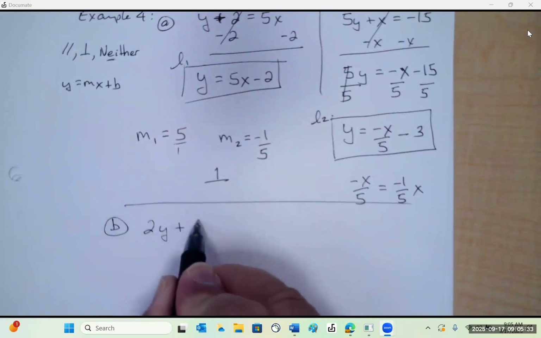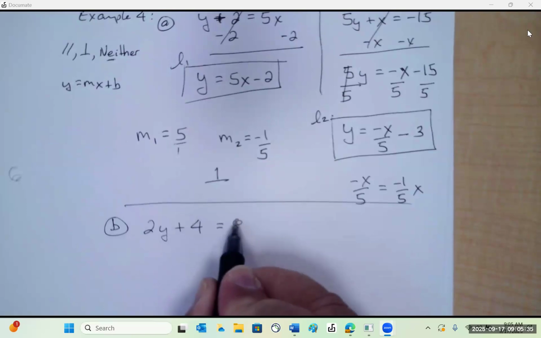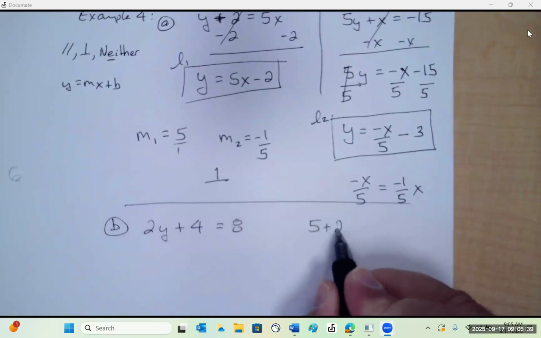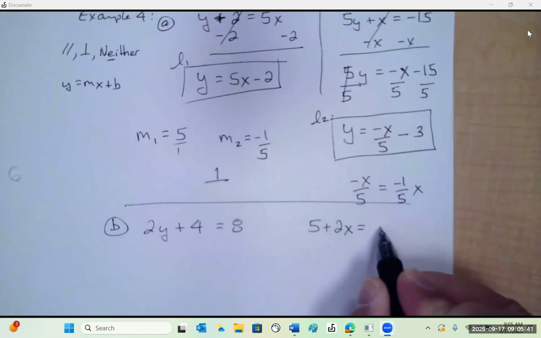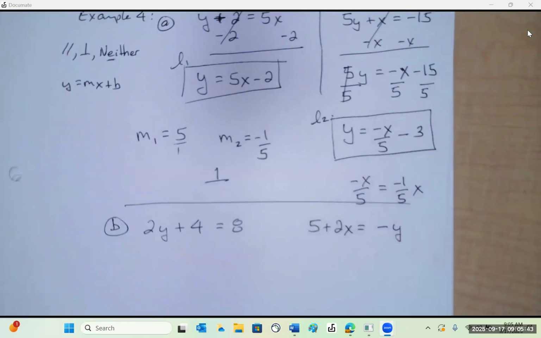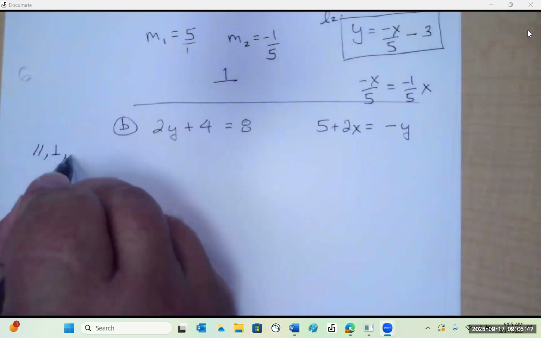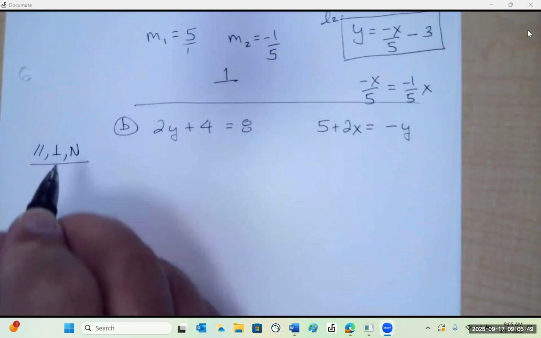2y plus 4x equals 8. And then 5 plus 2x equals negative y. Tell me if they're parallel, perpendicular, or neither.